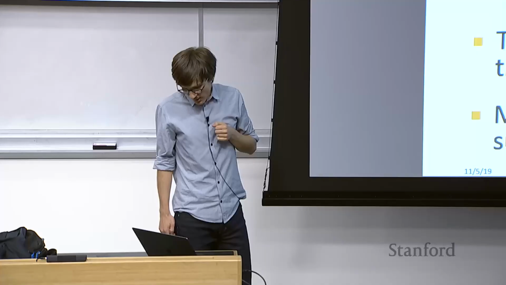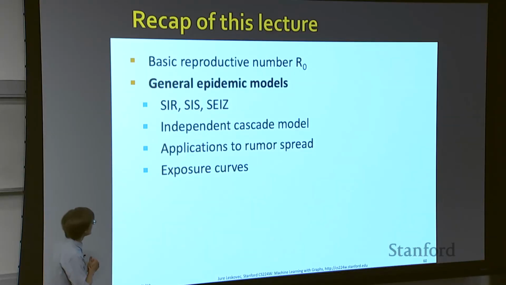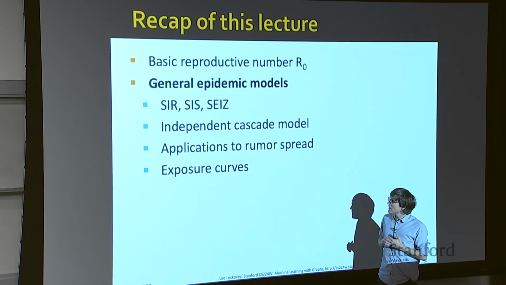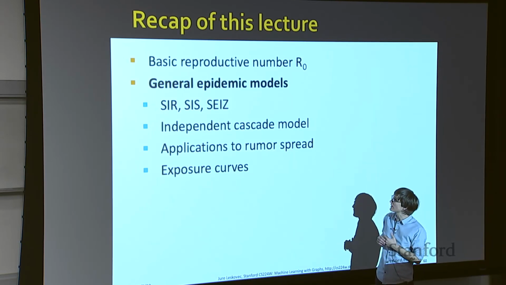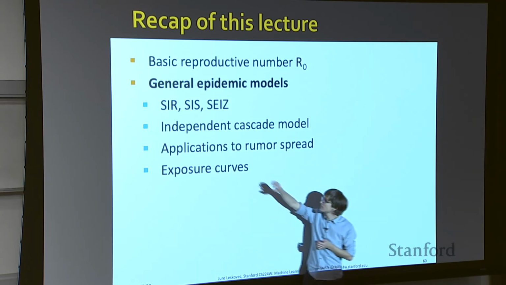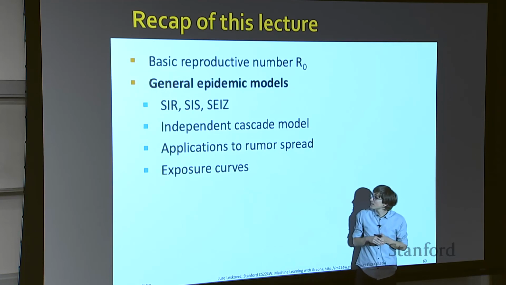Okay, so this is what I wanted to convey to you today. Essentially what we talked about are these 3-4 different important concepts. One was this notion of a reproductive number. Then we talked about these general epidemic models like SIR, SIS, SEIZ.